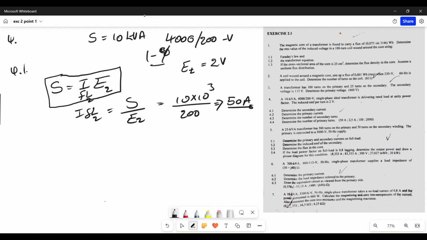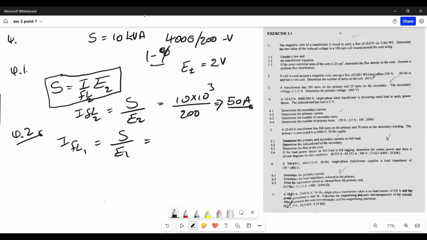Then 4.2, we're going to use E1. We're going to write the same equation and make I full load 1 the subject of the formula.